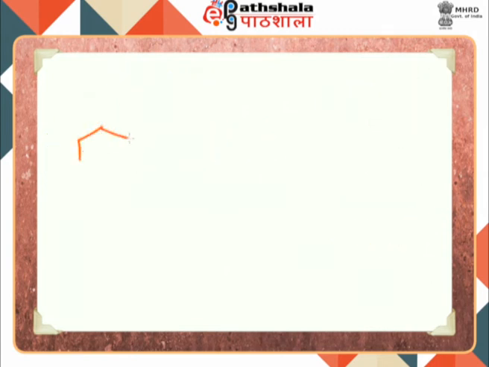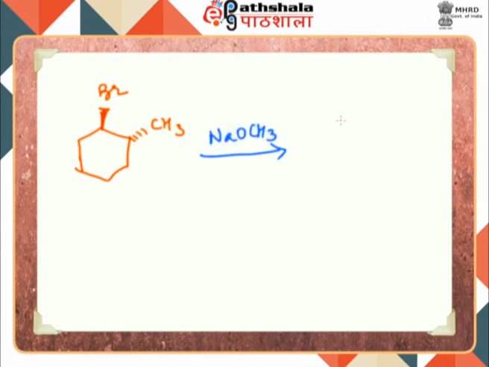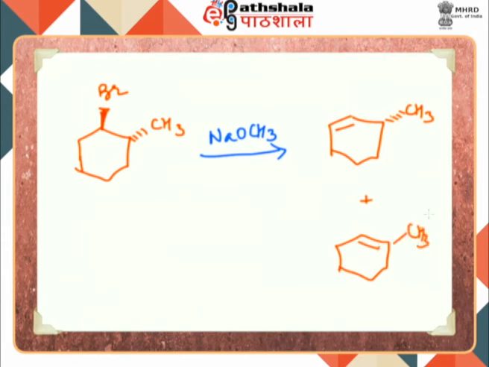But if we start with the trans isomer, that is the methyl and Br are now in trans position, now what happens is, when this is reacted with the base NaOCH3, very interestingly the only product formed is this, and the other expected product, that is this one, is not formed at all.